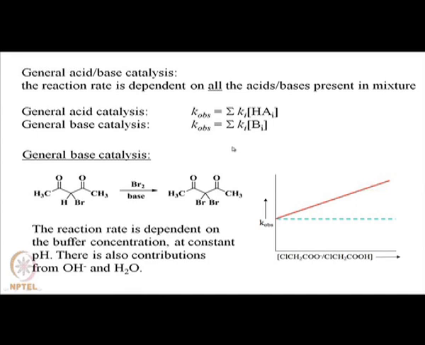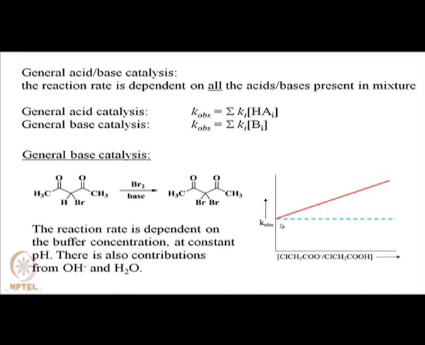An example of general base catalysis, you see the bromination of this one, dibromination, the second bromination in presence of base. So, the observed rate constant has been found to increase with your buffer concentration even if you fix the pH. So, this reaction rate is dependent on the buffer concentration at constant pH, and there is also a contribution of OH minus and H2O.